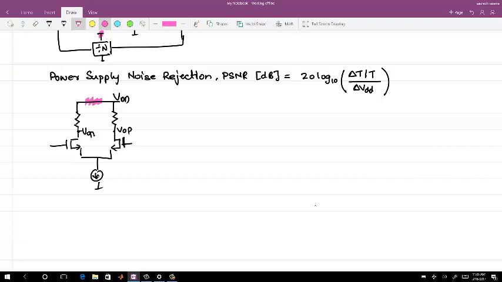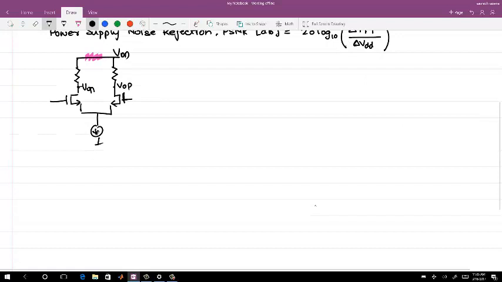So provided the resistance behaves linearly, you will not have any noise at the output. We have seen different kinds of resistance implementations, and some will have a better PSRR as compared to the others.